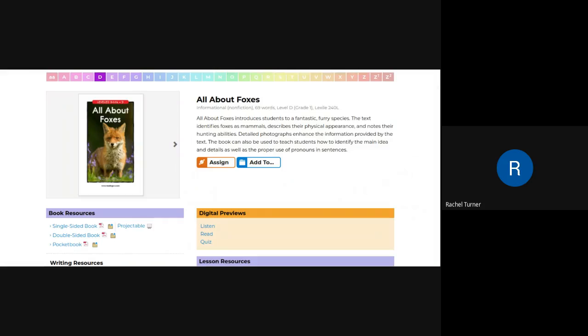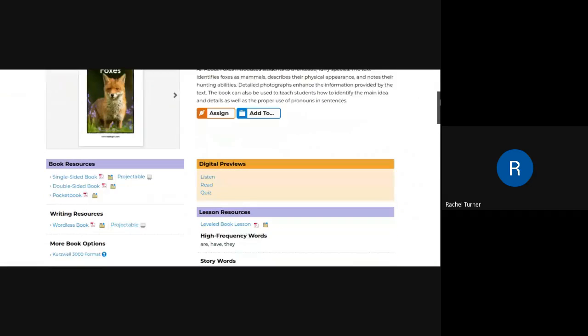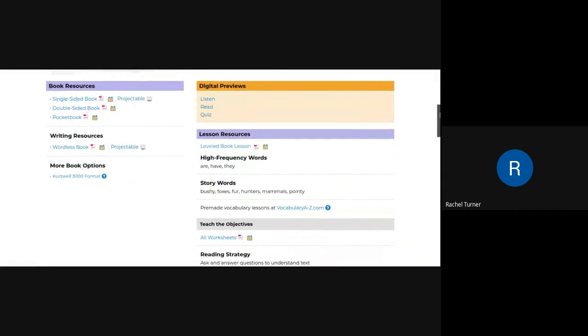And I look down here to see the high frequency words that we sometimes use for their word work and their story words. I'll usually look through these also and see if there are any words that might be hard or tricky for the students. So for instance, mammals, I'll choose that for one of our words to focus on when we're introducing this new story.